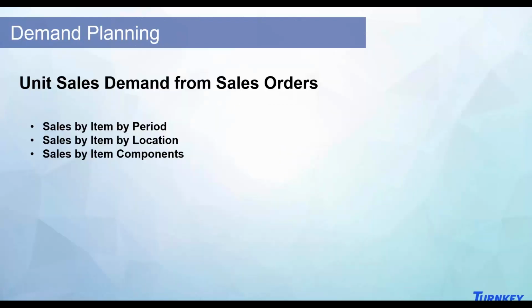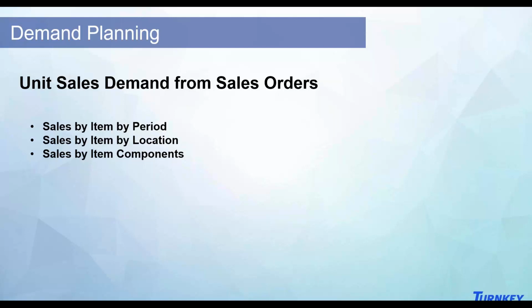Again, the demand is tracked at a period level, so that could be a fiscal period, that could be monthly, could be weekly, could be daily. Then you've got the location capability. So those of you that might have multiple stocking locations or production facilities, we would track those levels at that location level. In a multi-location scenario, you may have the opportunity to do transfers to do replenishment.